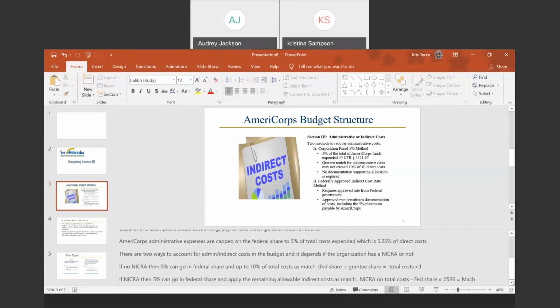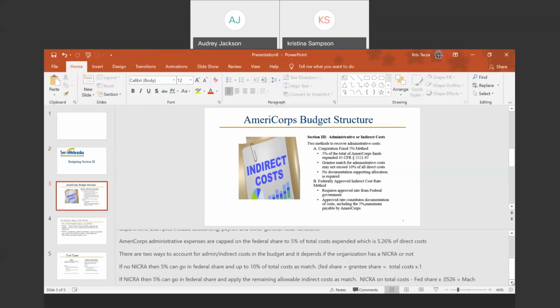The difference if you have a federally approved indirect cost rate is you multiply total Section 1 plus Section 2 minus the amount in the federal indirect cost, which is the 5%, and then multiply that by your indirect cost rate.